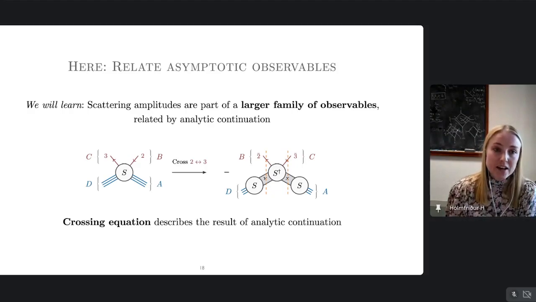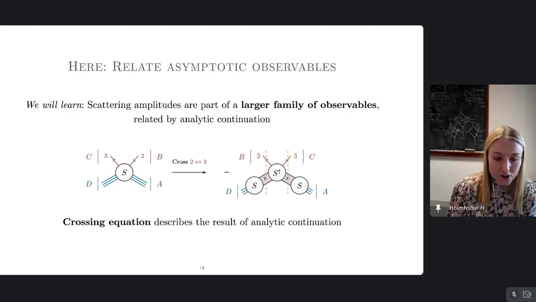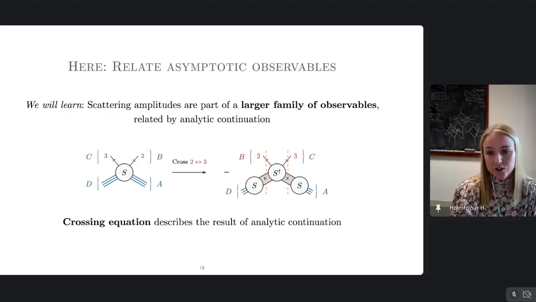So we'll learn that scattering amplitudes are part of a larger family of observables that are related by an analytic continuation, and the crossing equation is our term for what describes the result of the analytic continuation. I've shown you one example here, but we'll start the talk by going through what these different observables are. And then, as I said in the last part, we'll talk about what this equation actually means, how they're related by crossing.